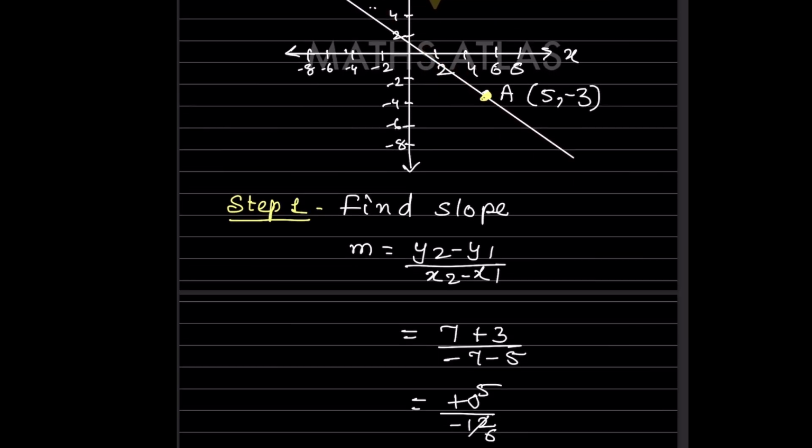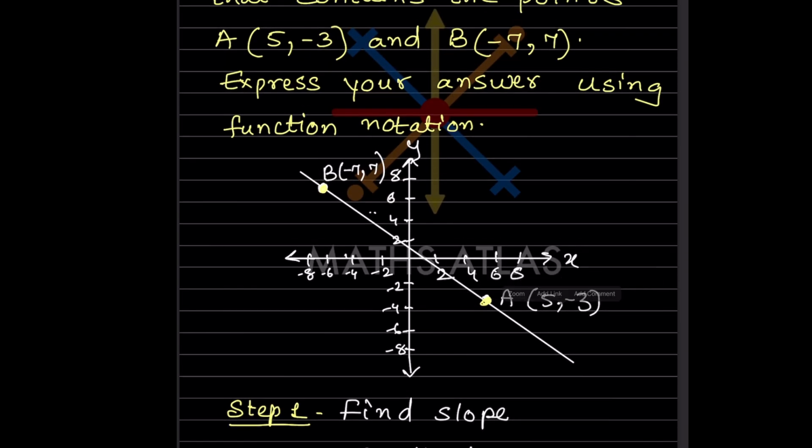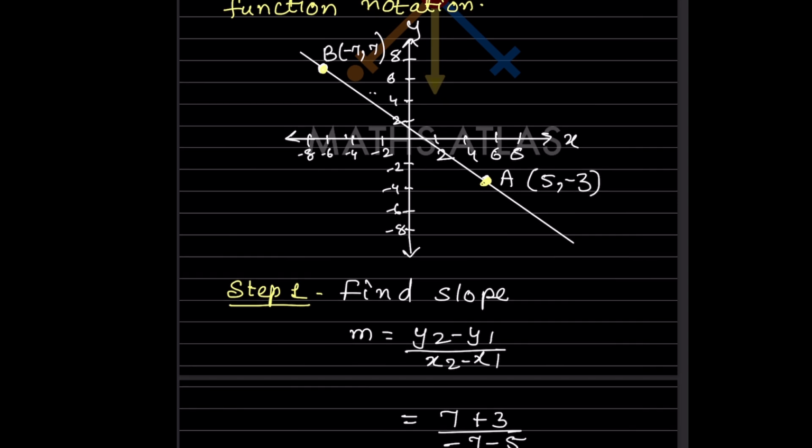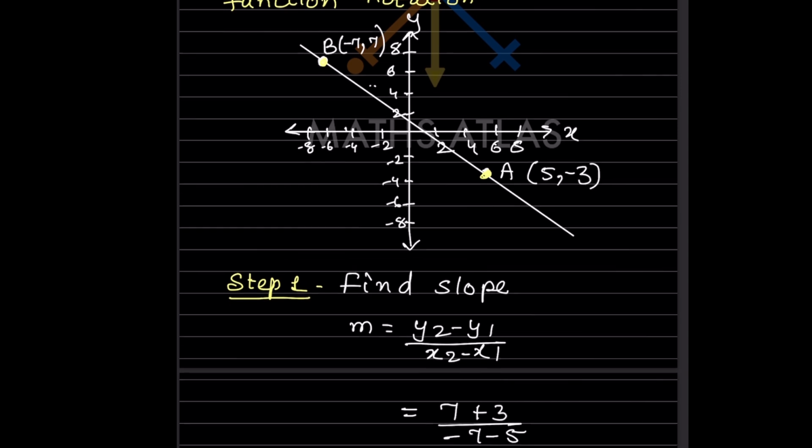So now let us find the slope. You know the formula for the slope, that is m is y2 minus y1 divided by x2 minus x1.